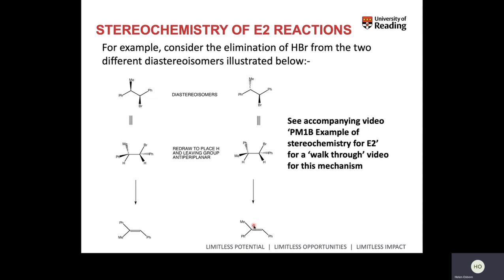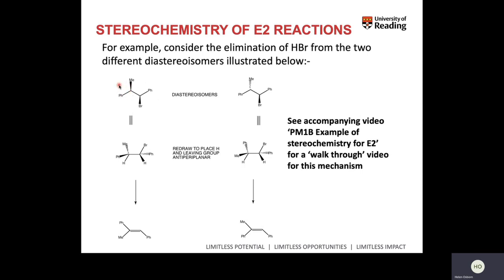So if we look, this is obviously a different isomer to this. Here we have the phenyls on opposite sides. Here we've got the phenyls on the same side. So this alkene is a different isomer to this one. This starter material was a different diastereoisomer to this one.